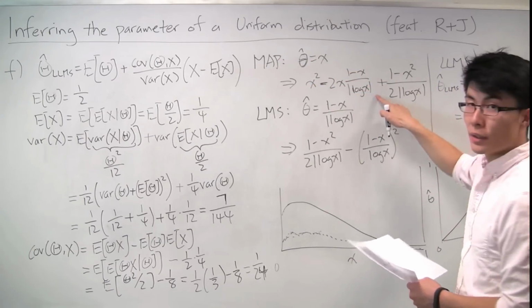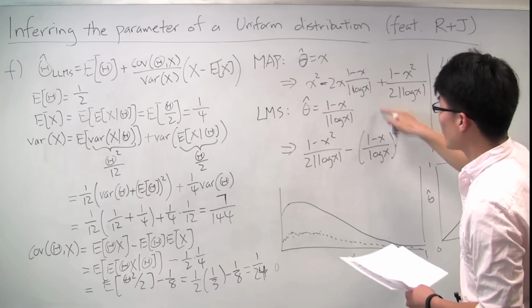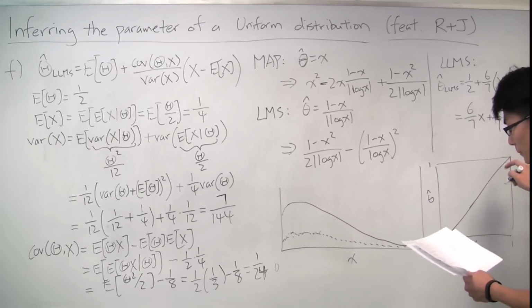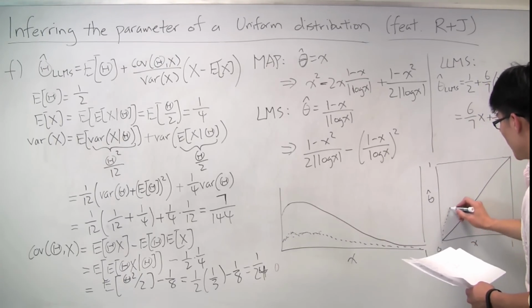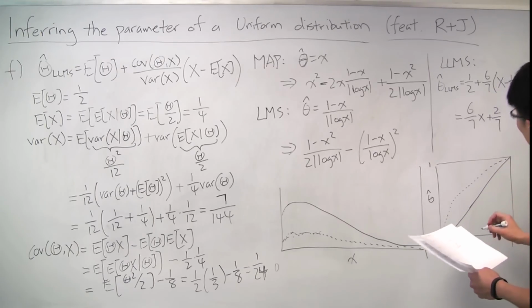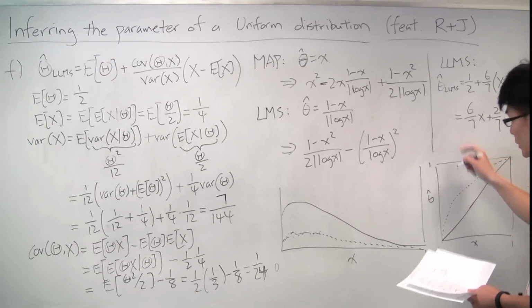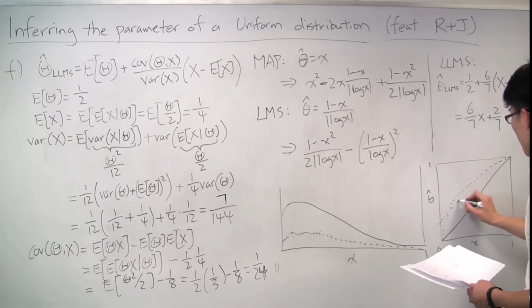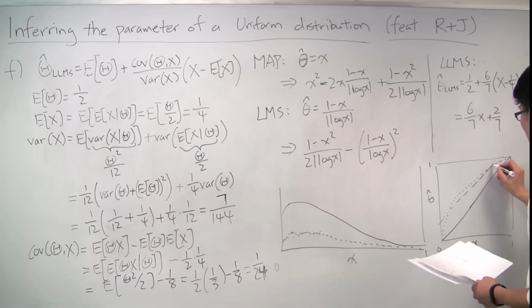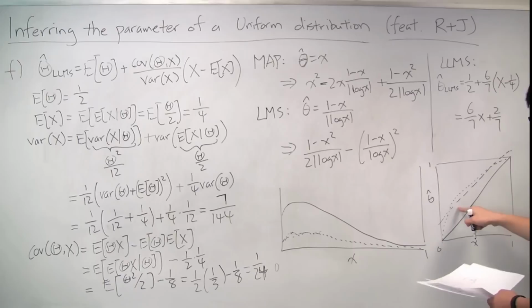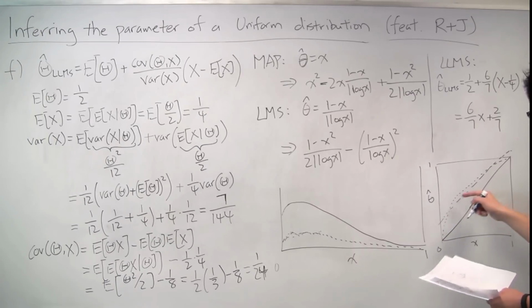This was the mean squared error of the MAP estimator. So the MAP estimator is just this diagonal straight line. The LMS estimator looked like this. And it turns out that the linear LMS estimator will look something like this. So it is fairly close to the LMS estimator, but not quite the same.